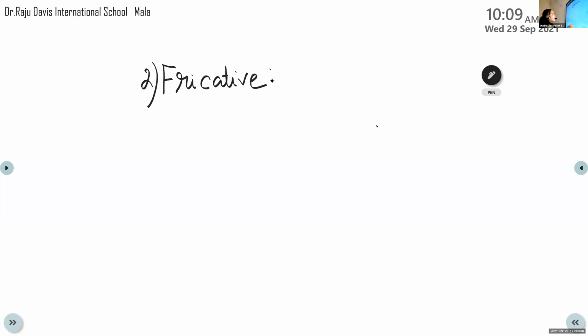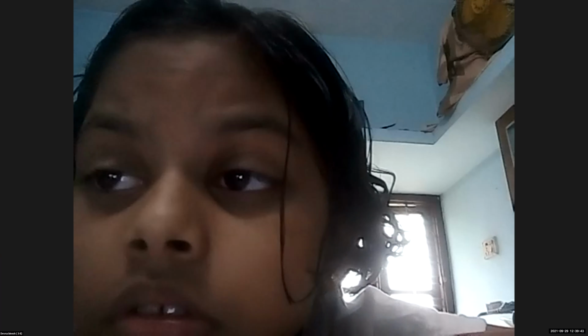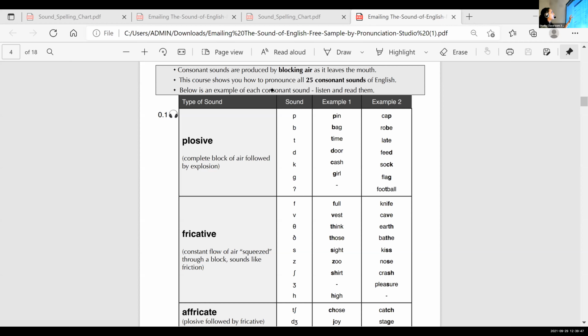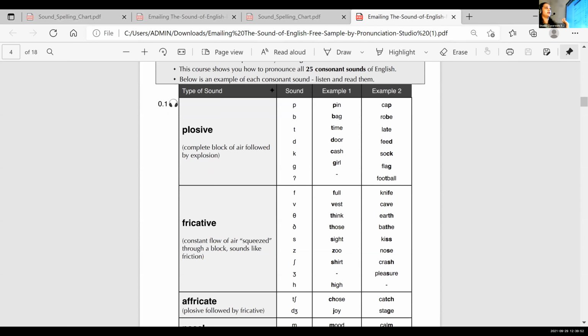So our fricatives are, look at the fricatives here. You have f like in full, knife. Then you have v like in vest, cave. These are words we had done earlier. And you have the th sound like in think, earth.